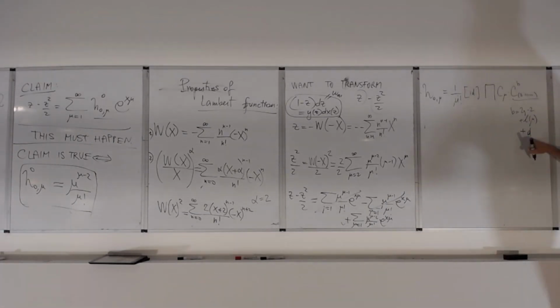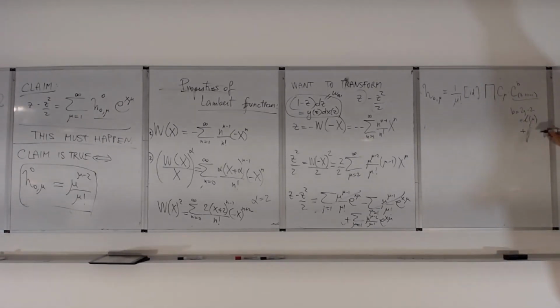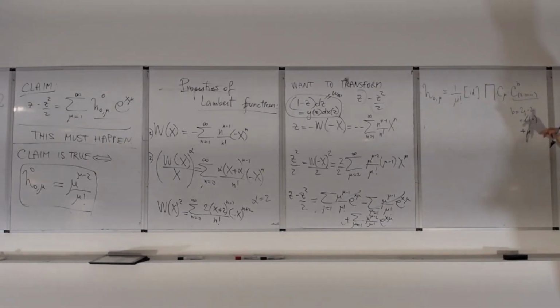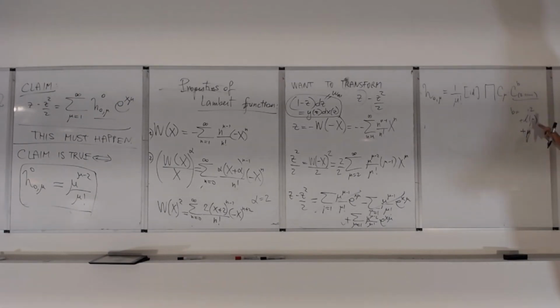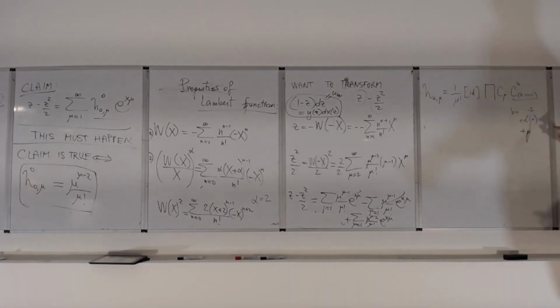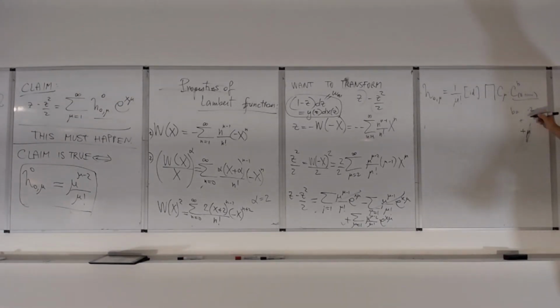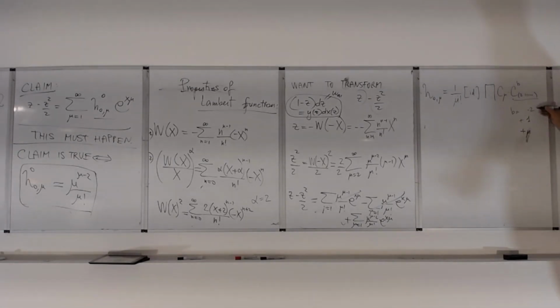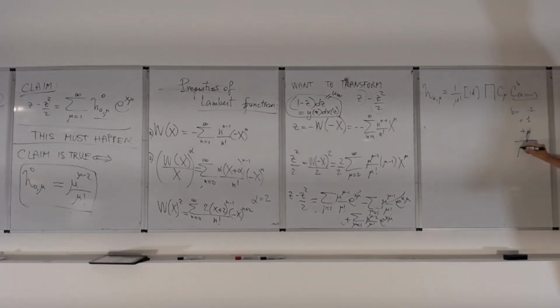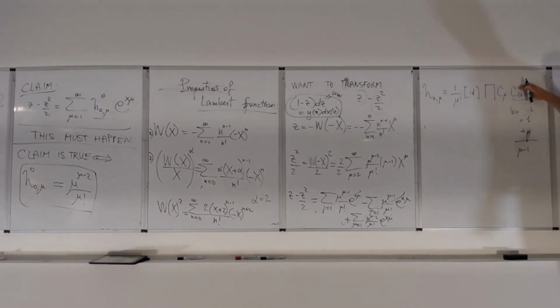But we know that the degree is mu, so I can write mu. But the genus is 0, so we can remove it. And the length of mu is 1, because there is a total ramification. So it's just minus 2 plus 1 plus mu, which is mu minus 1.